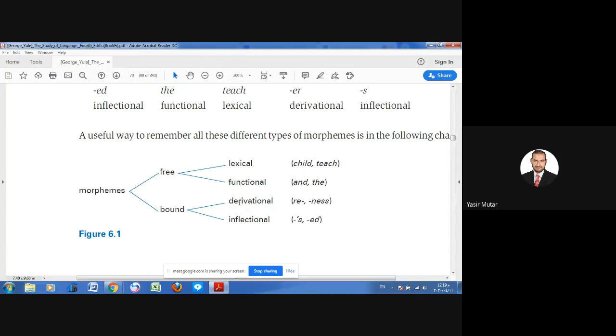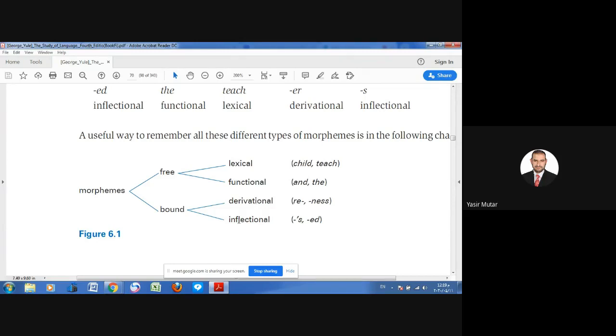In derivational morphemes, there's a change in grammatical category. So I can change the word from verb into a noun, or from verb into an adjective, or from a noun into an adjective, and vice versa.